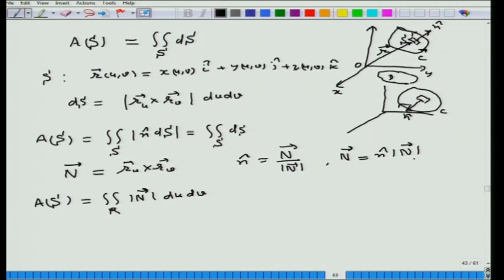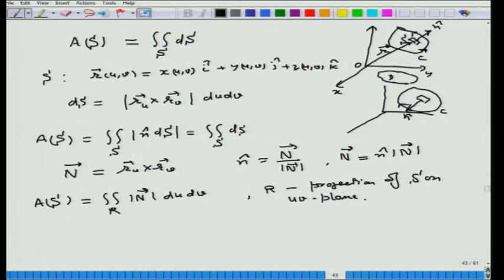So, that is what we will have, where R is the projection of S on the uv plane. So, that is the formula for finding the surface area.